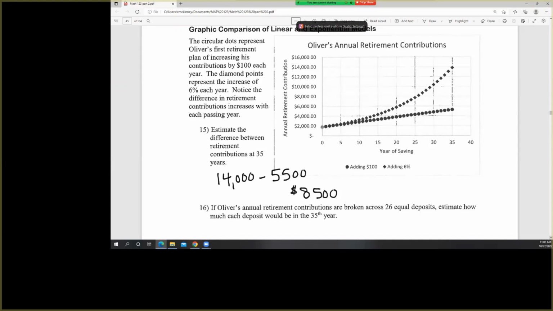So if his annual contributions are broken across 26 equal deposits, so in other words, maybe he gets paid every 2 weeks and he's putting the money in every 2 weeks, how much would each deposit be? So now if I took my estimate of 14,000, divide it by the 26 deposits, would mean that each pay period he is putting in $538.46.